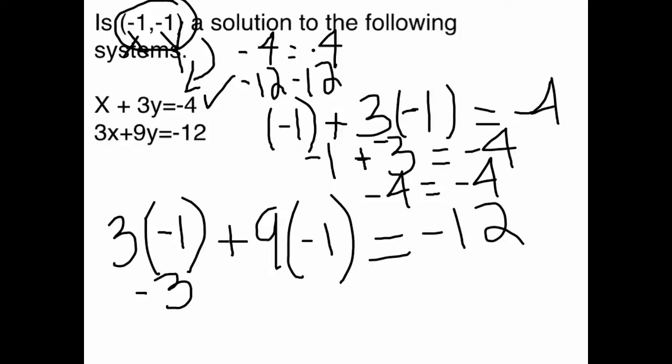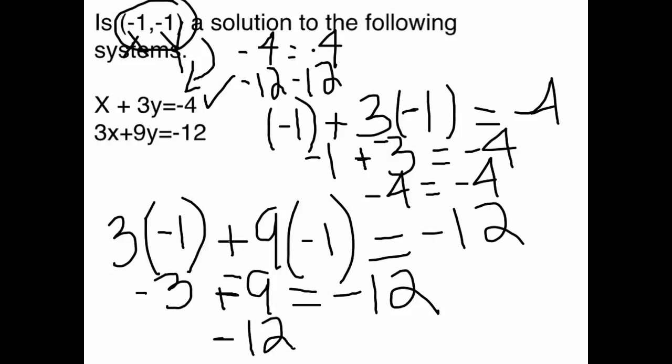And then 9 is squished together by multiplication to -1. 9 times -1 is -9. And that equals -12. I just bring my -12 down. 3 minus 9, keep change, becomes -3 plus -9. -3 plus -9 is -12.